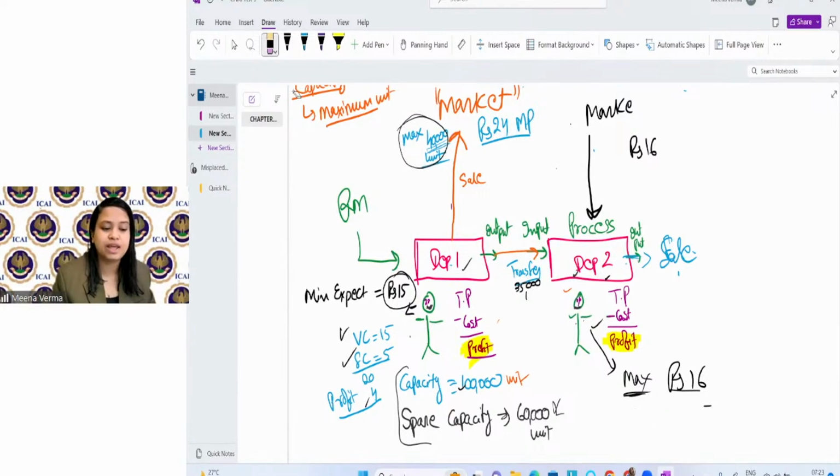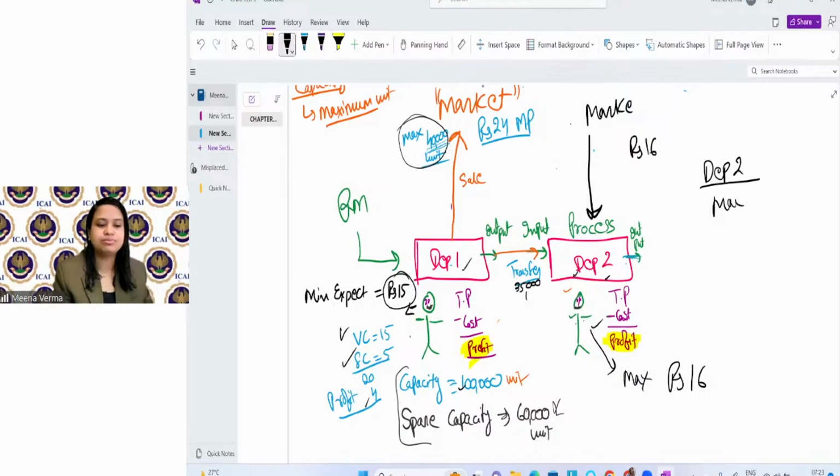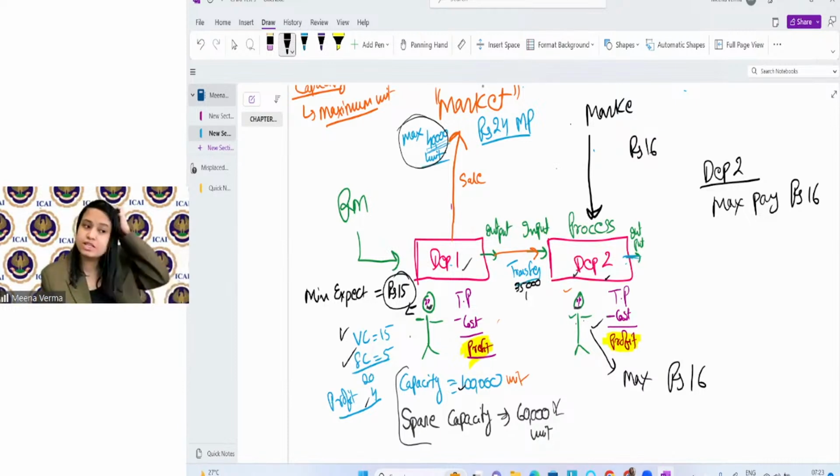Now here comes negotiation. So what is the maximum and minimum range here? Department 2 manager will maximum pay rupees 16. He will not pay more than 16. It is in his mind.